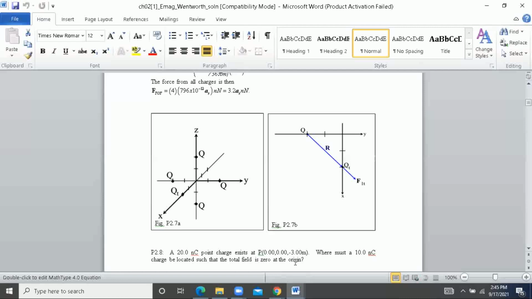Let me help you start this. Go ahead. No, it's not guesswork. Make a sketch and put the charges where they say they are, and then work the problem.